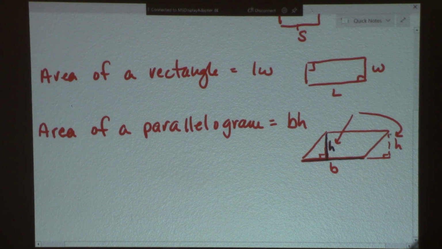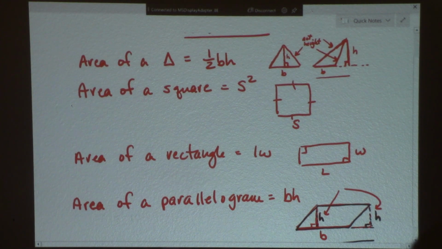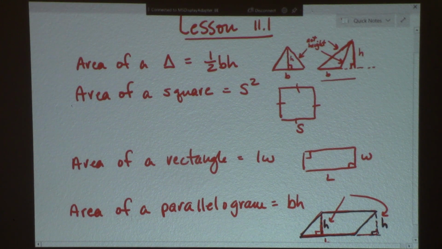Or outside of the parallelogram, I can drop this height, and that is perpendicular to this base here, and I drew this line out here. The shape itself, I'm outlining in black right now. You can have a height, like in the triangle, outside of the shape. That's okay. Okay, so you should write all of those down. You can pause this video to do that, and then we're going to start with some examples.